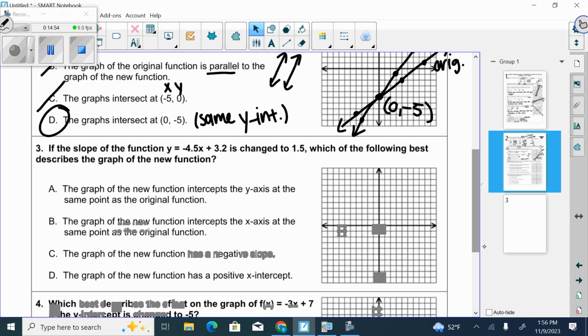All right, number 3 says, if the slope of the original function, negative 4.5x plus 3.2, is changed to 1.5. So it says you're going to change your slope, which is the m value. Which of the following is true? So since this slope is a decimal, we might want to graph these in our graphing calculator.